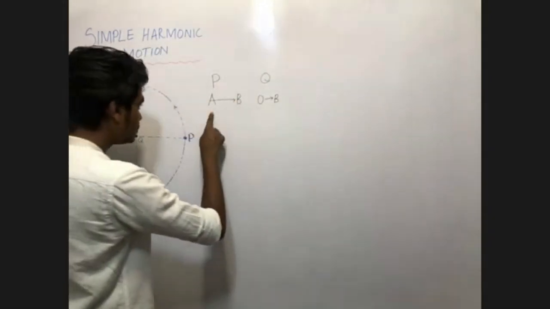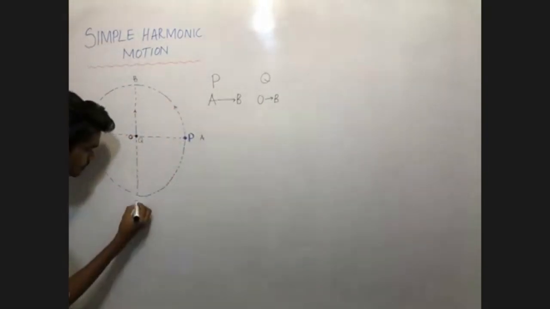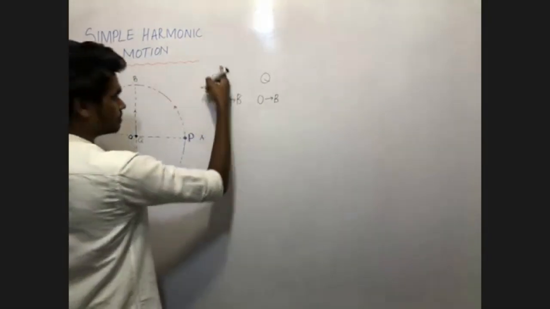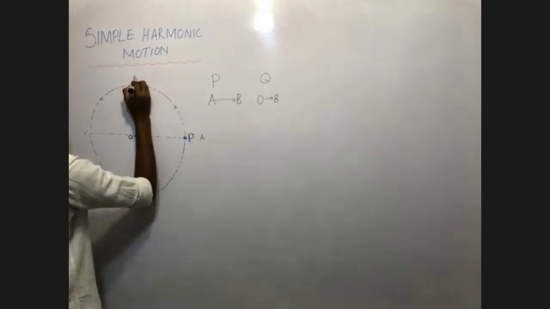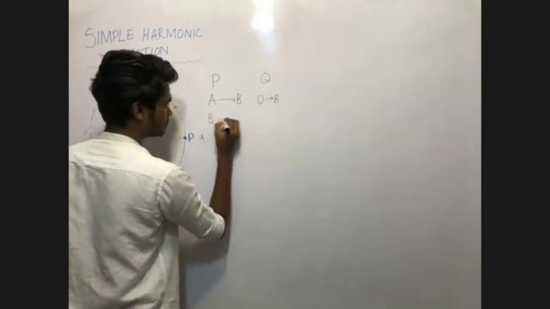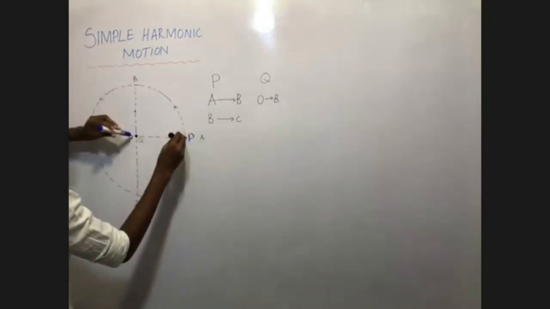When P moves from B to C, what happens for the projection? So it was like this.